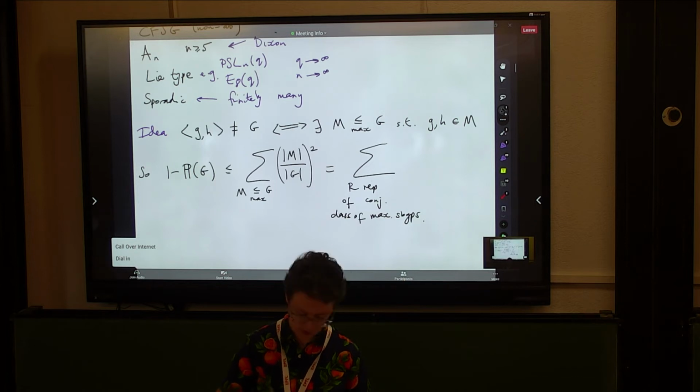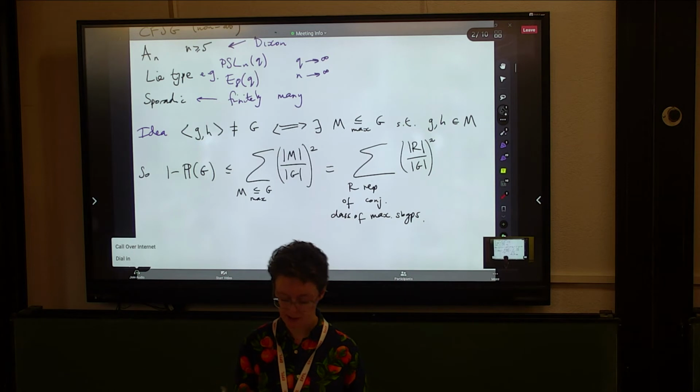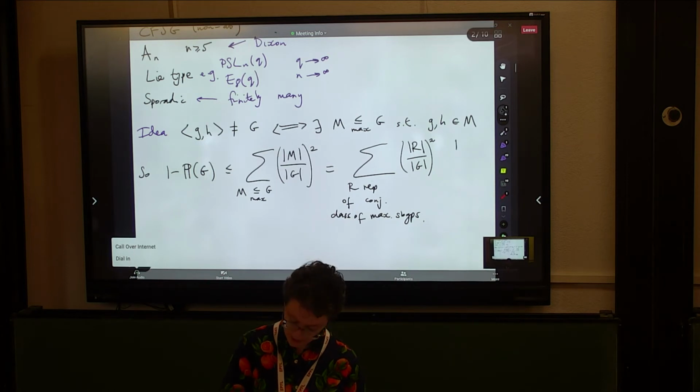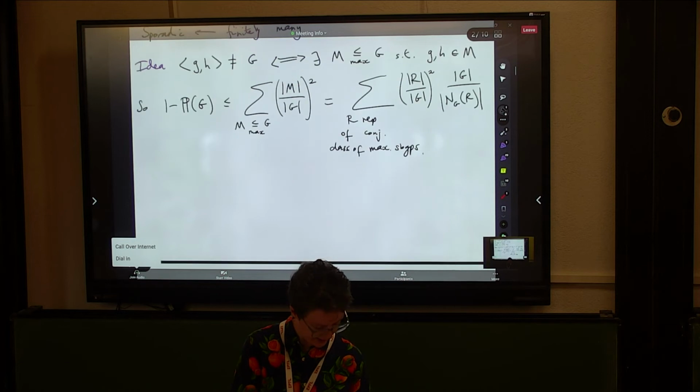And yeah, so we're going to need this quantity, and then we need the number of elements in the conjugacy class, which is going to be this thing with the normalizer. But we know that the normalizer contains R, and so we actually get this really cute bound.